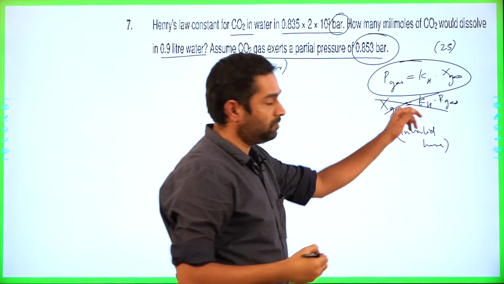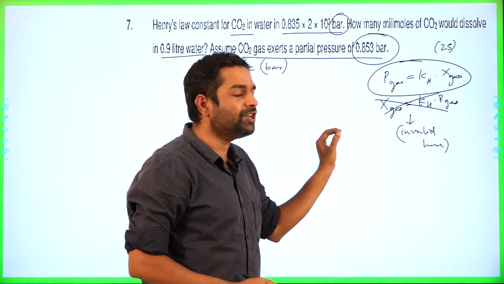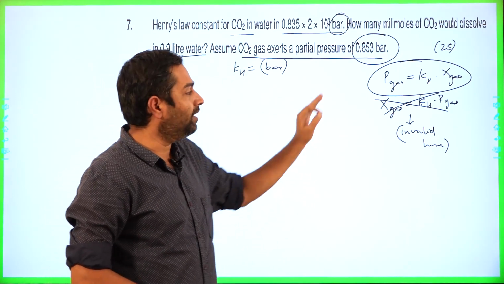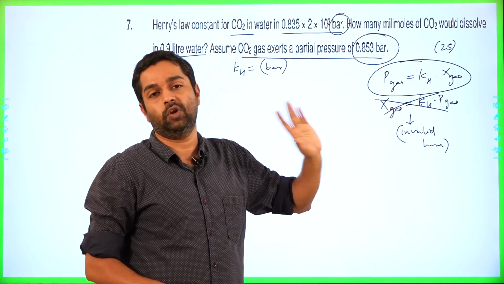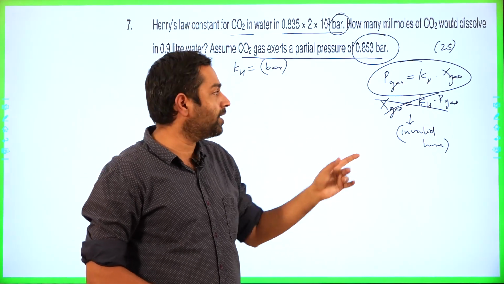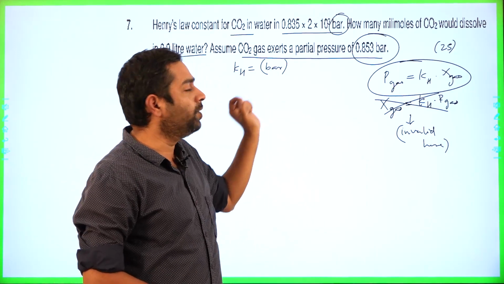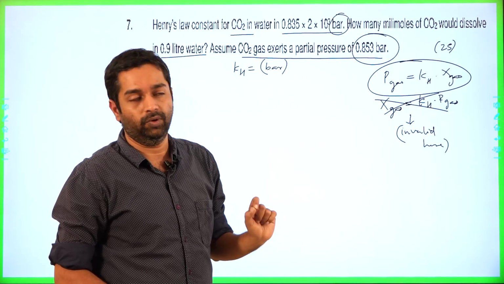It doesn't mean this is not going to be used in some questions. In some questions, in both JEE Mains and JEE Advanced, they have used this notation of Henry's law also. Both notations are going to be seen depending on the question and the units of the kH which have been given. You need to choose which is the correct representation to apply over there.